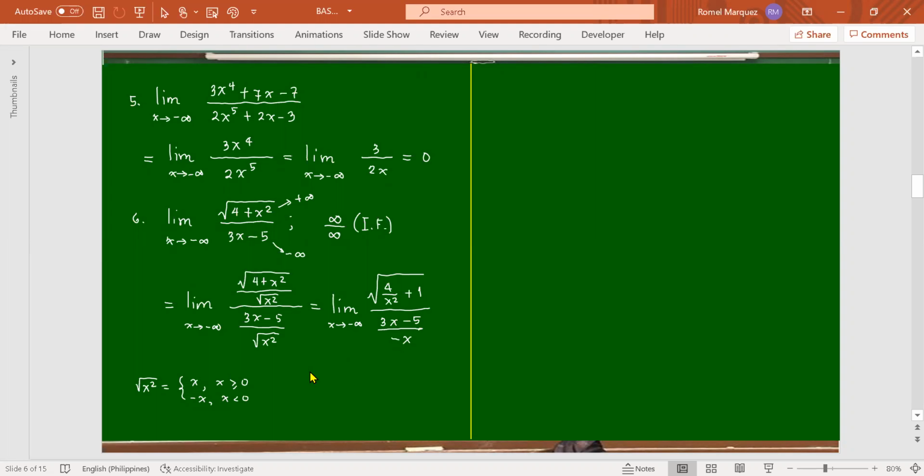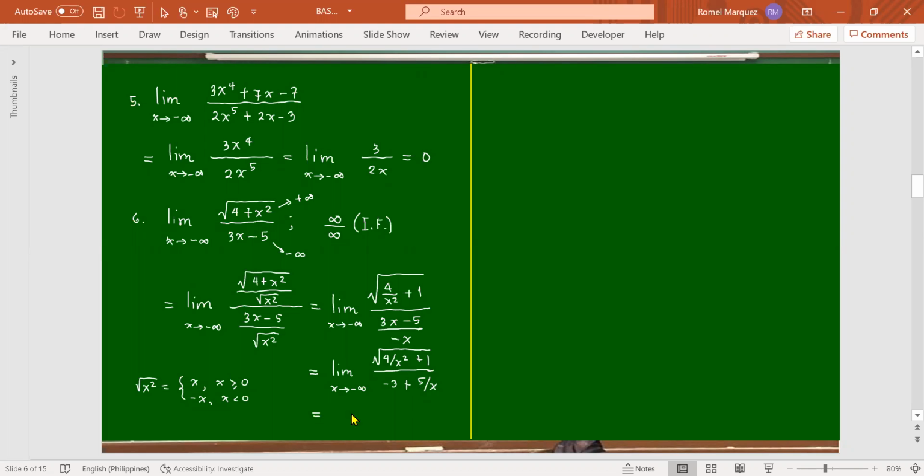So this is now the limit as x approaches negative infinity. What happens to the bottom? Let me open the top first: 4 over x squared plus 1, all over negative 3 plus 5 over x. Okay, guys?